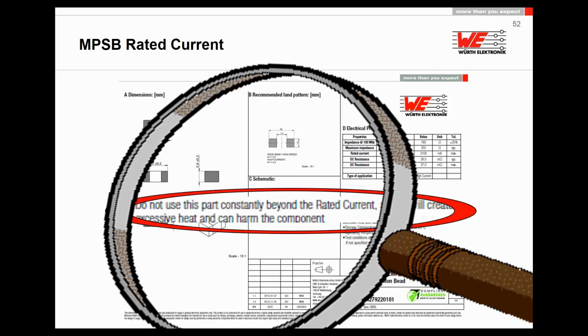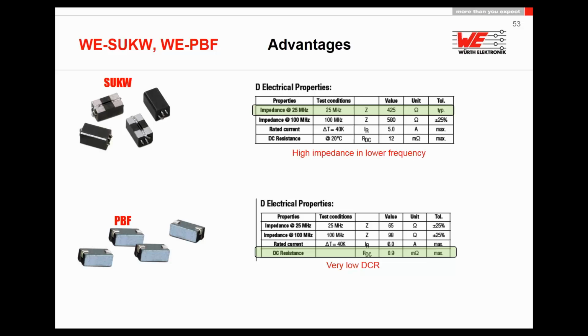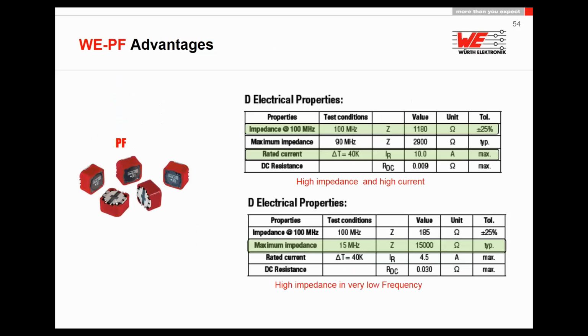A pulse is a pulse, it's not a continuous current. If you want that, then you should forget the multilayer and use a wire wound component. We have different wire wound components which do not have this problem with pulses, and even repeated pulses, because they withstand them without any problem, since it's a simple copper wire.